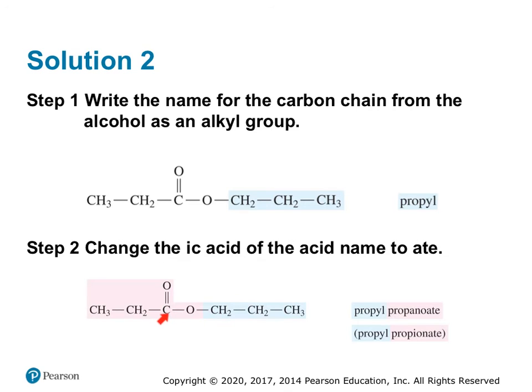So 3 carbons would be propanoic acid, right? So we change the IC acid to ATE. So we get propanoate. Propyl propanoate is the name of this ester.